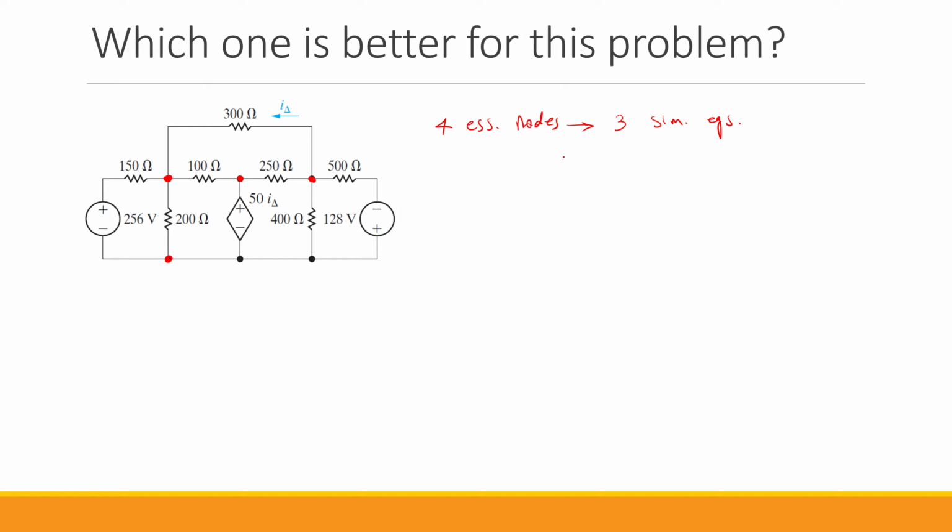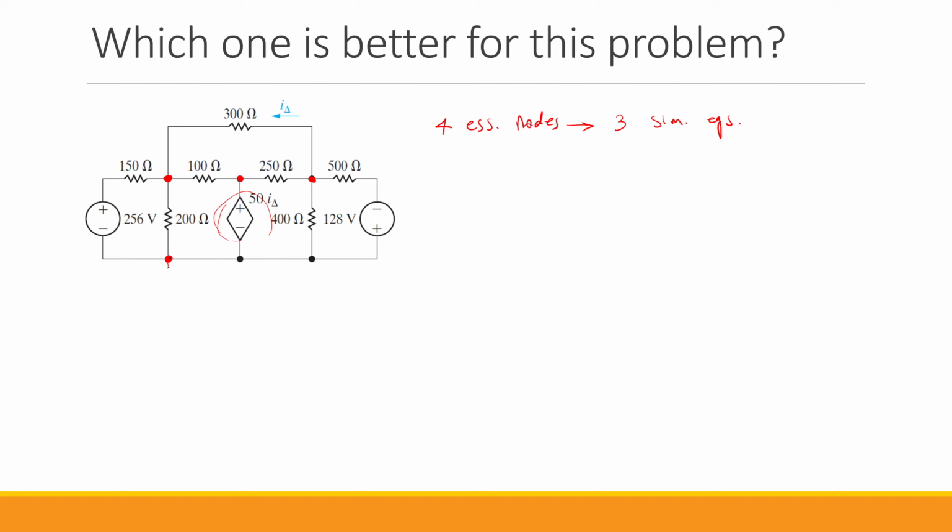Are there any other factors that can help us reduce the number of equations? The answer to that is yes. As you can see, we have this voltage source that is common between this reference node and this non-reference node. So that means we can use the concept of a supernode to reduce the number of equations.